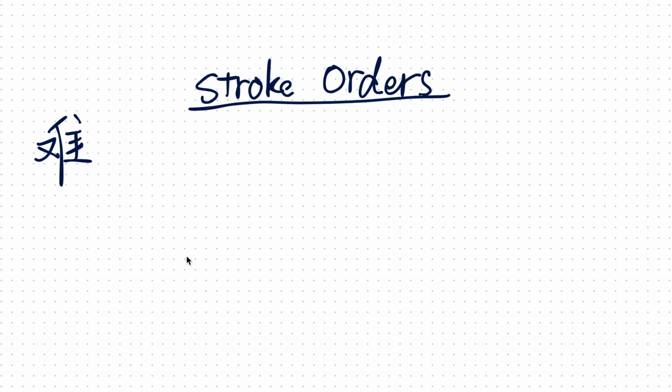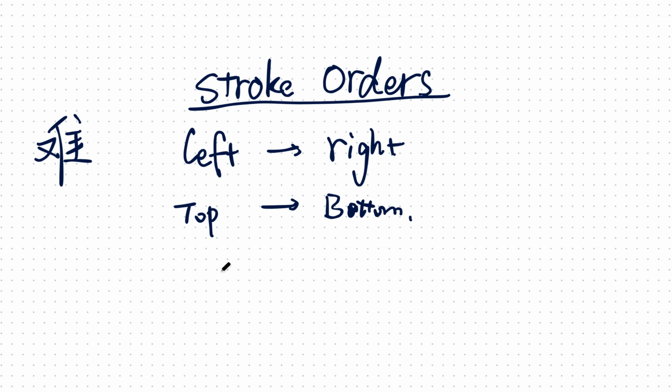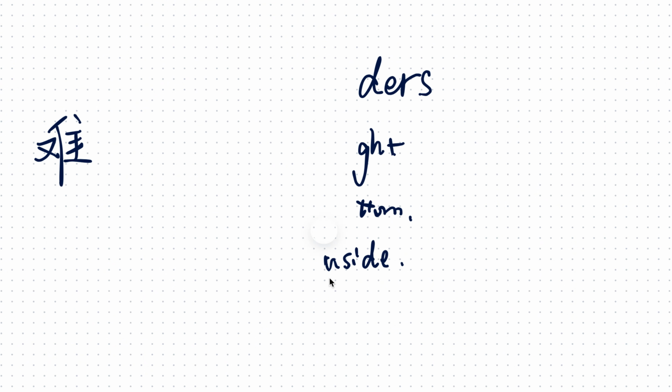It has three most basic orders: left to right, top to bottom, and outside to inside. Okay, so let's take a look at this character here. First, observe its structure. It has two parts, left and right. So we know we write the left part first, then the right part. And for each, it also obeys the left-right principle.